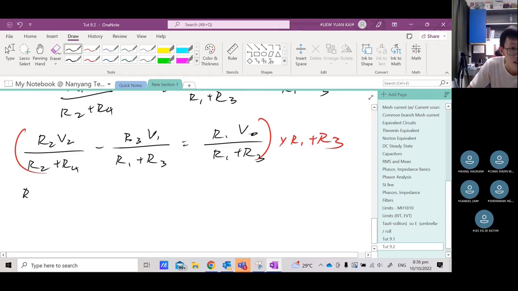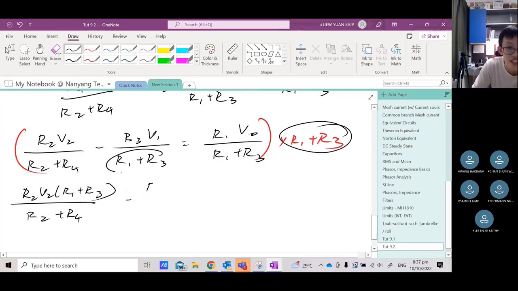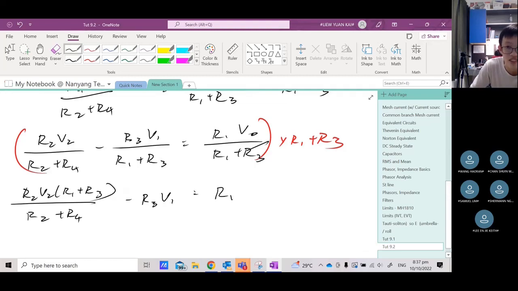So we get R4 V2 (R1 plus R3) over R2 plus R4, minus... when you multiply this with this, they cancel, right? The denominator, this will cancel with this. So we simply get that equals to just the top, because this one also cancels with this one. So we get that.